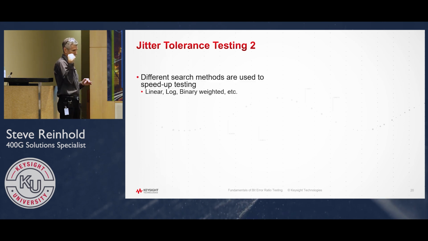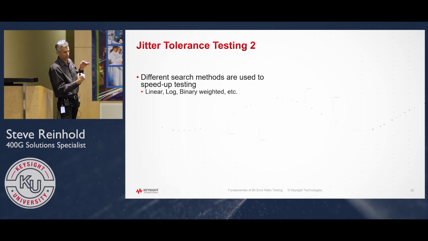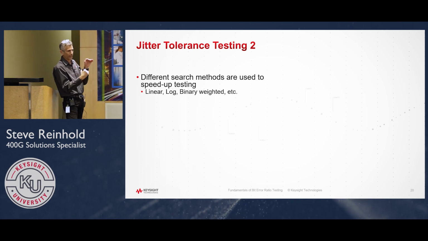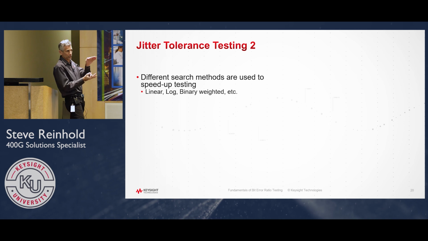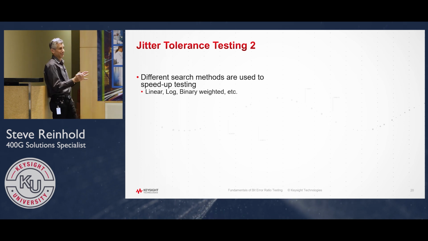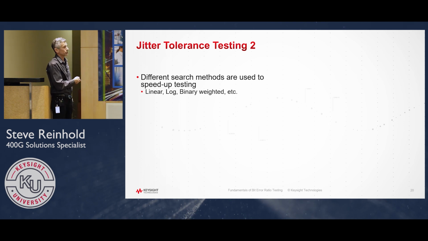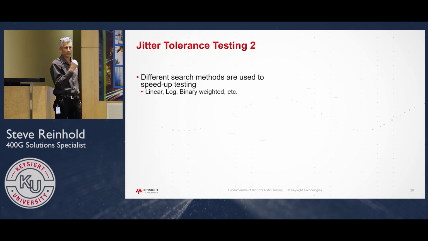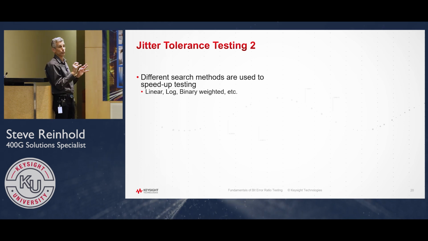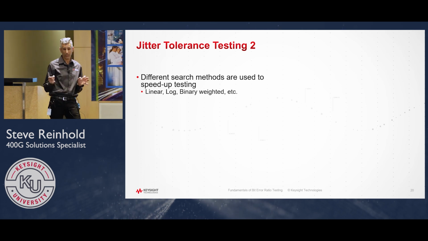And to speed up the testing, you may not need to test every single point when it's error-free and error-free and error-free. If you're testing each of these error-free points for a long time on the way up, maybe that's not the most efficient use of your time. So there's different search algorithms that you can use to change the jitter in different ways to speed up the test. There's a lot of tweaking on receiver tests to optimize the time of test.